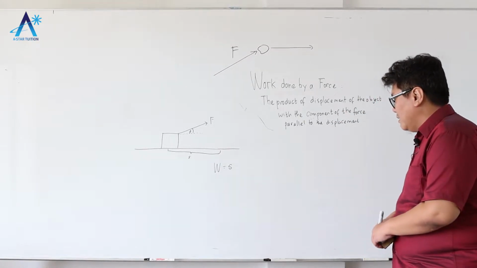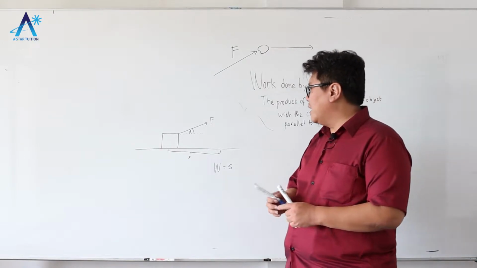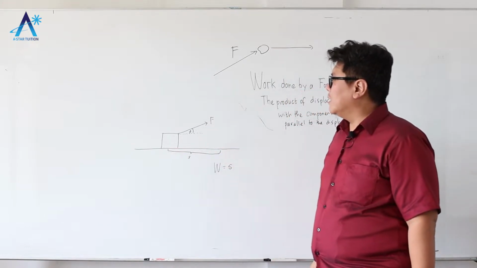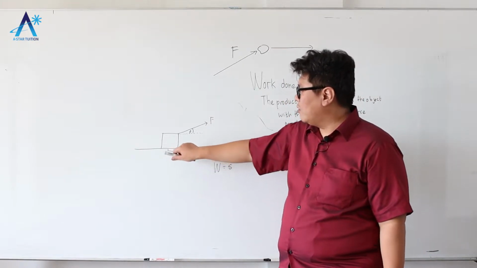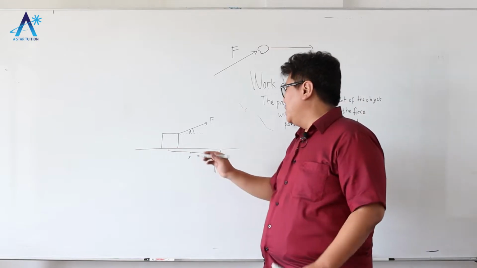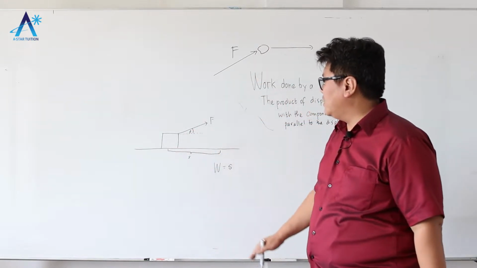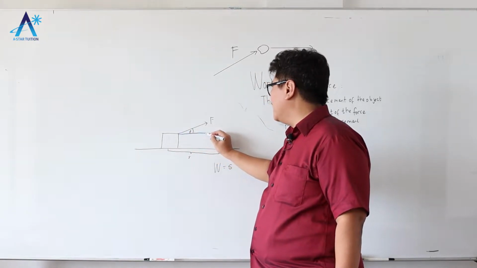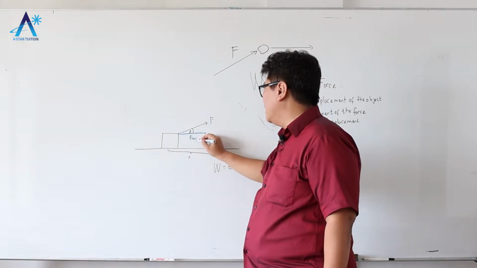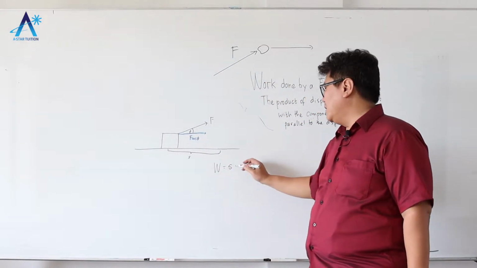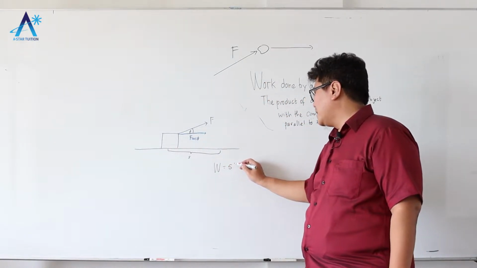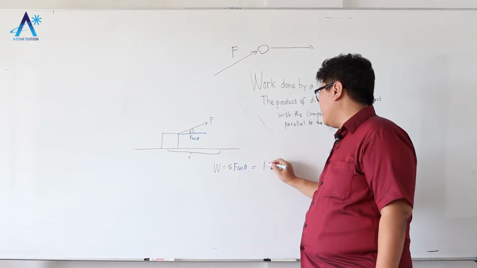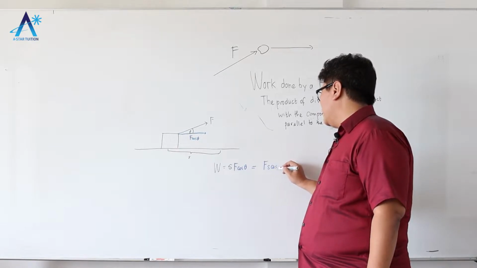You see that this force here is directed at angle theta with respect to the horizontal, but S is horizontal, so what you need to do is resolve F in the direction that is parallel to the displacement, and this is F cos theta. So the work done is W equal to S times F cos theta, or we can just write it as F times S cos theta.